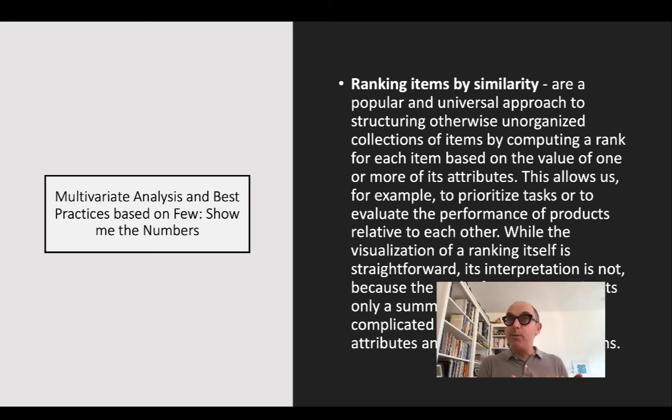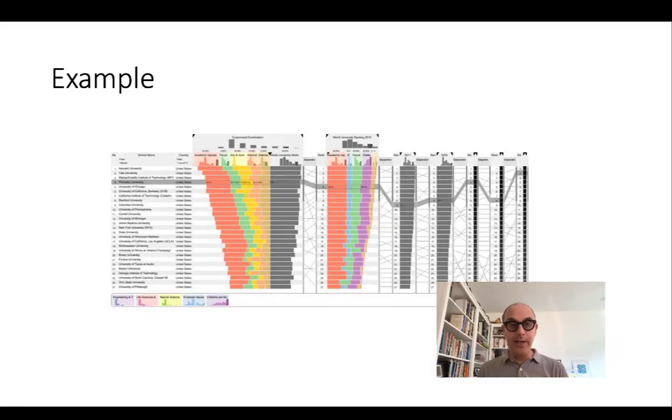What about best practices? One of the things our textbook talks about is ranking items by similarities, such as popularity, and you organize or unorganize based on the collection. That allows us to give priority to one item versus other items and sort them out accordingly.